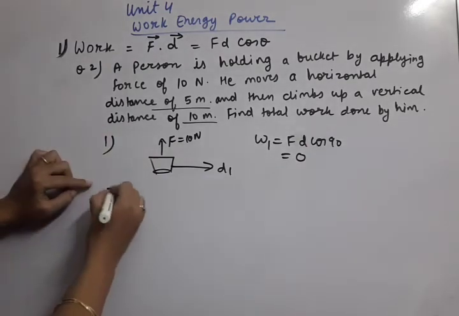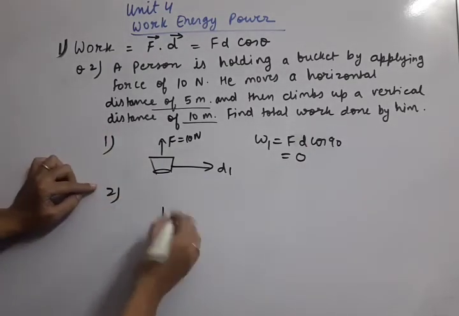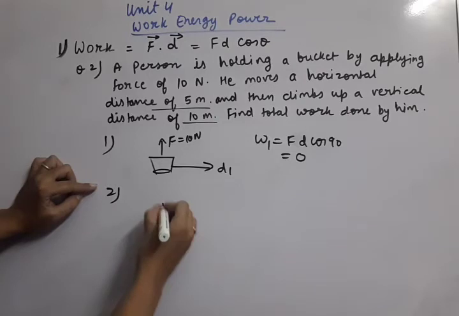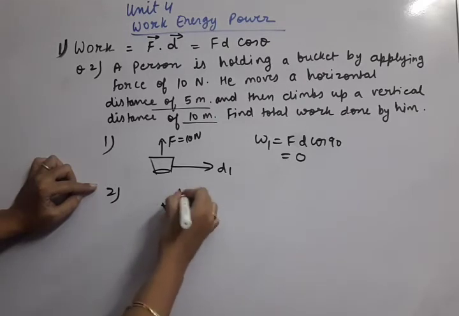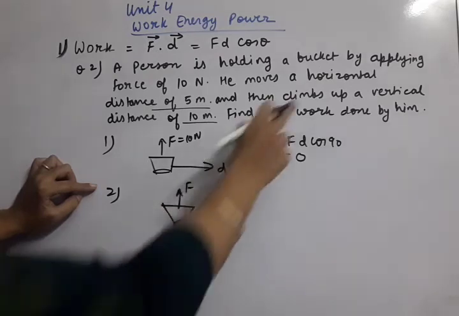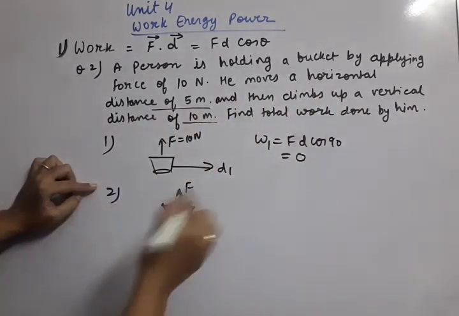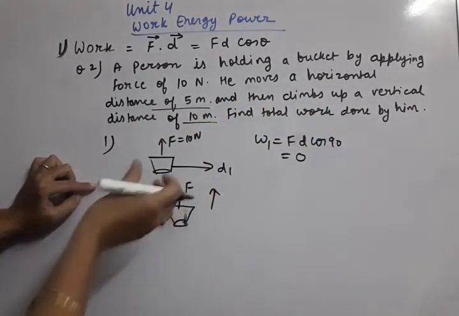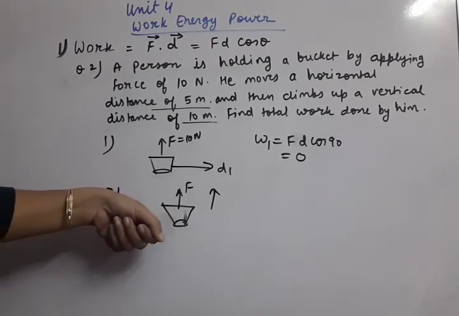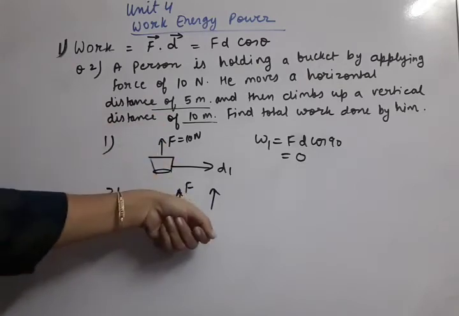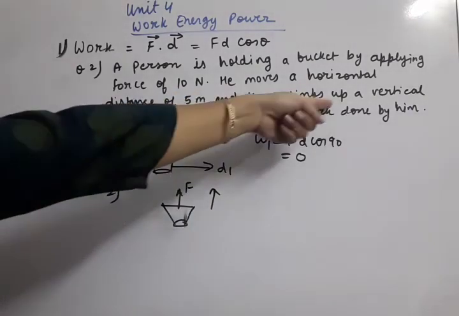First step. Now second step, the same person, force is upward. Now the same person is climbing up a vertical distance. To carry the bucket, the force is applied vertically upwards and the person is also climbing up vertically.